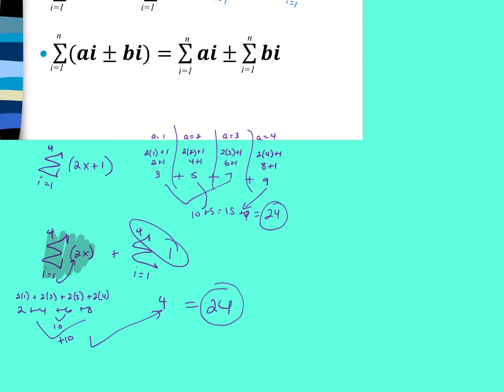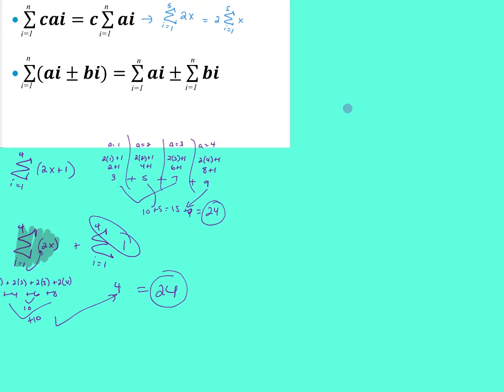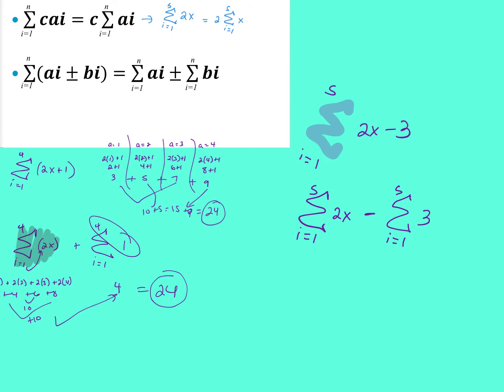And you can do the same thing with subtraction. So if it said, again, maybe 5 at the top, i equals 1, and it said 2x minus 3, then I could do the same thing: the sum from i equals 1 to 5 of 2x, and then a minus the sum from i equals 1 to 5 of 3.